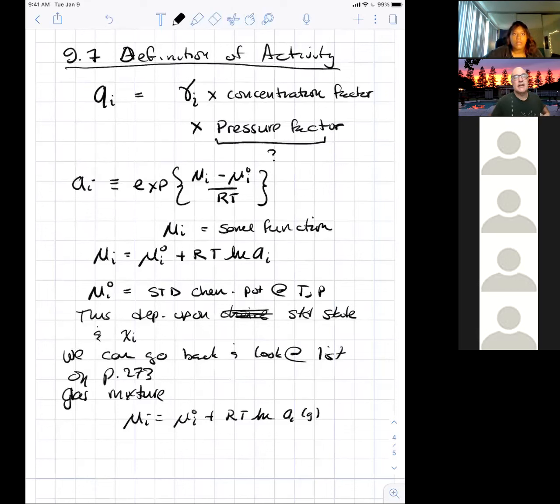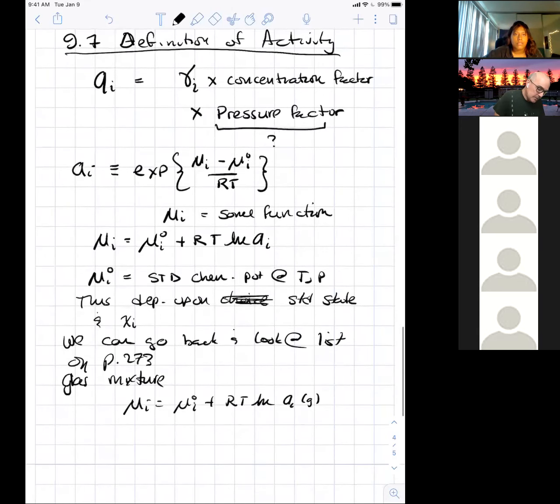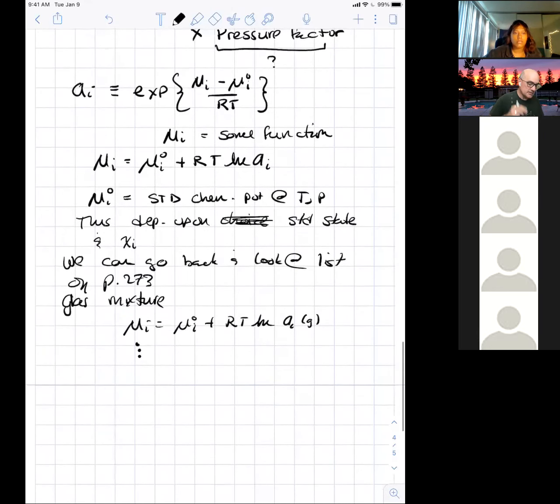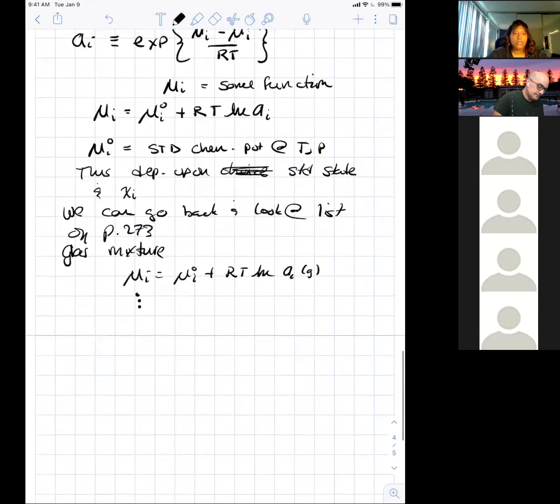I said I meant A, activity, right? And so other things are similar, right? We have that standard list of different situations: solvent in a solution, solute in ideal dilute, and so on.